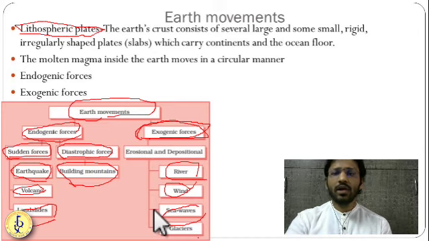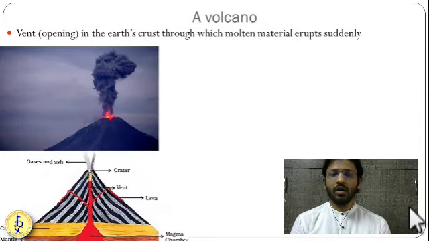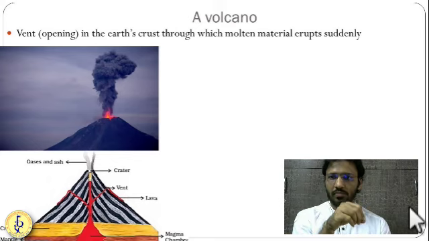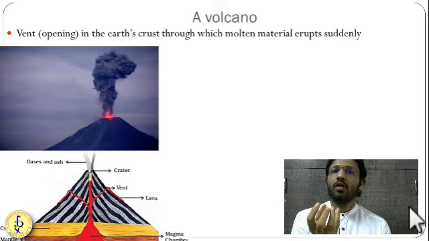Now, let's move towards one aspect of these endogenetic and exogenetic processes. Let us understand endogenetic processes, or we can say sudden processes or sudden forces. First understand about volcano. So, what is a volcano? Volcano is nothing but a hole created on the crust of the earth, and this hole is directly connected to the bottom of the lithosphere, to the source of magma.